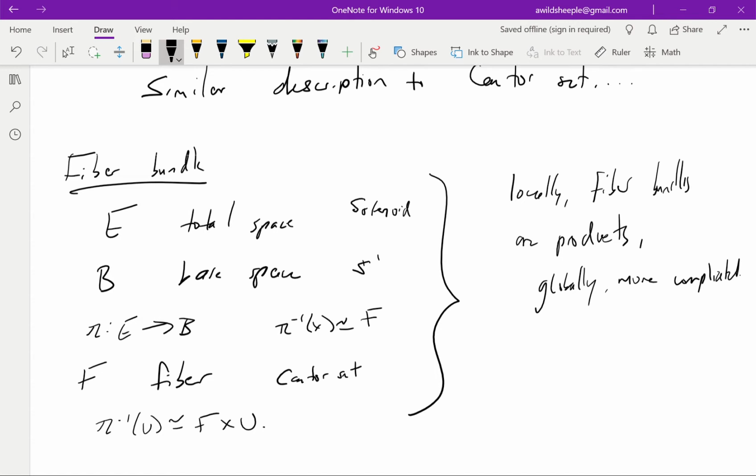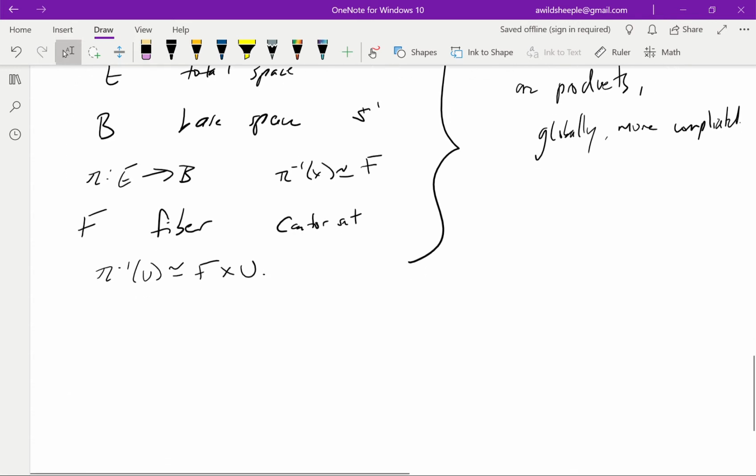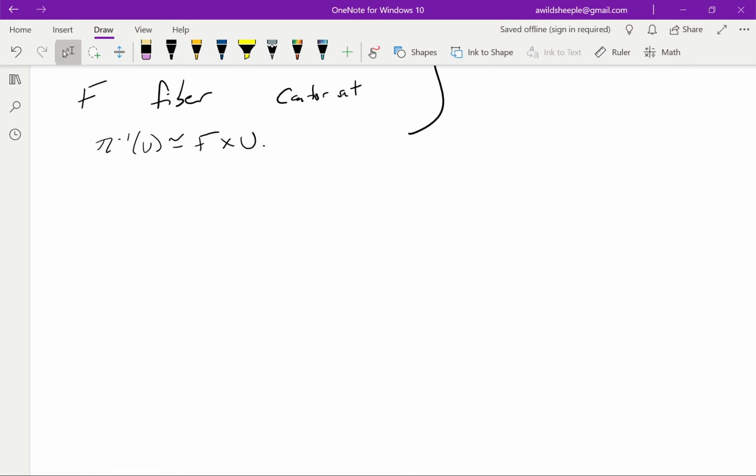Well, when we construct our solenoid, what happens is we start with a circle, and we sort of saw at the beginning what's happening as I repeat this construction, and I take these subdivisions. I want to see if I can draw a good picture of this. It's going to be kind of difficult, but at first we had our circle, and then after that we had this space that sort of had a cross to it.